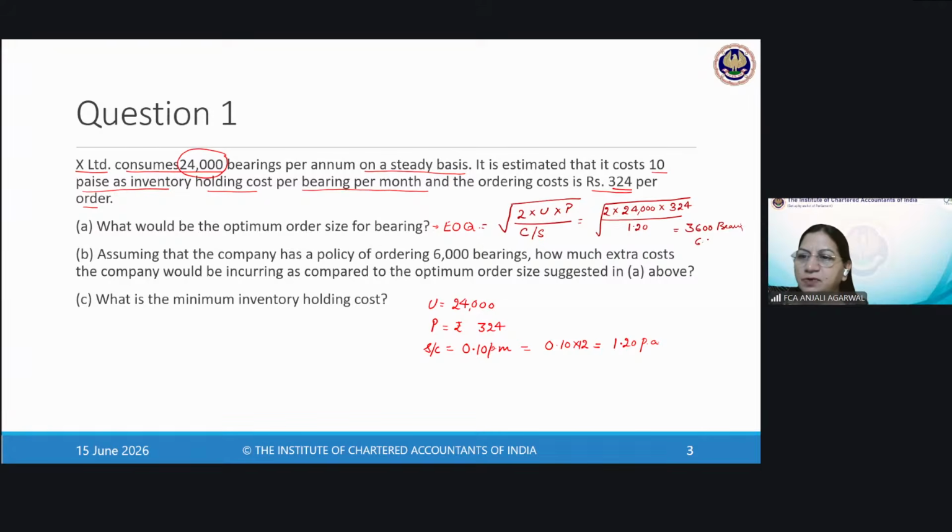This would give us 6.67 orders. And what would be our storage cost? Storage cost is generally taken on an average. So 3,600 divided by 2, you will be holding on average 1,800 units, and 1,800 units are held every year per annum. So 1,800 into 1.20 would give you 2,160 as the total storage cost.